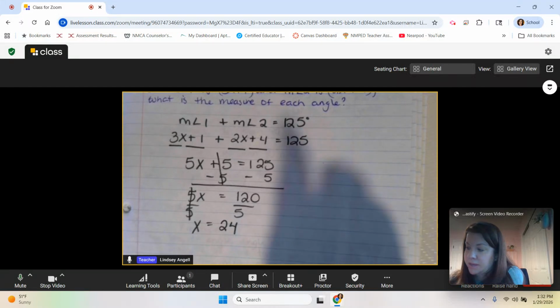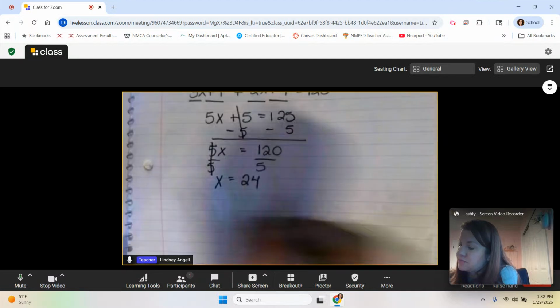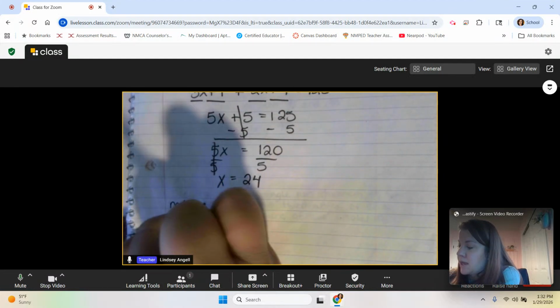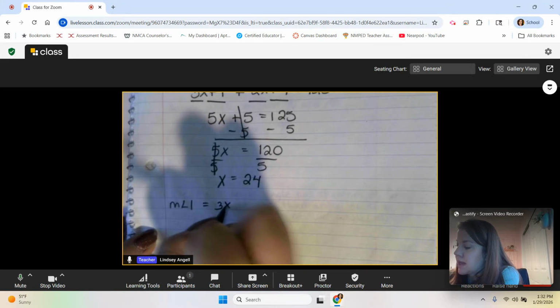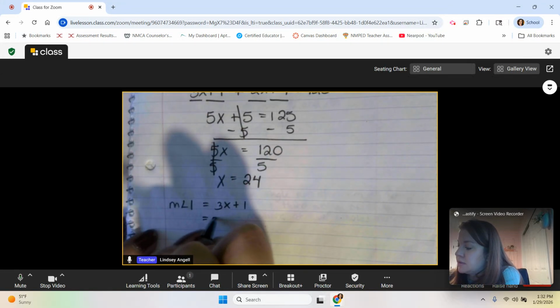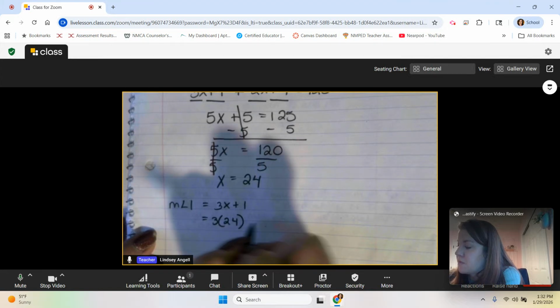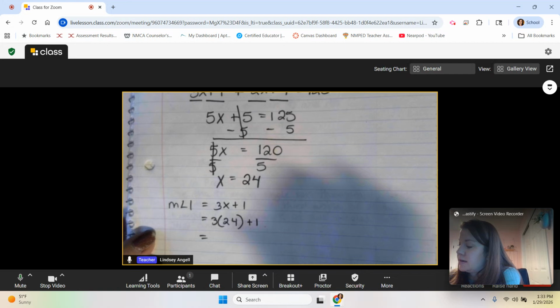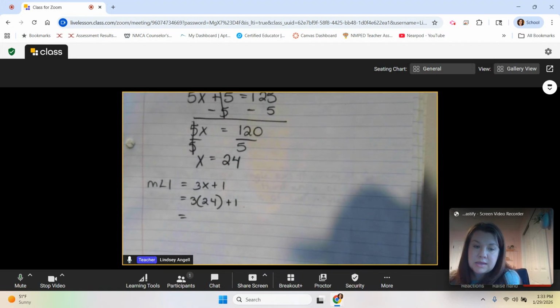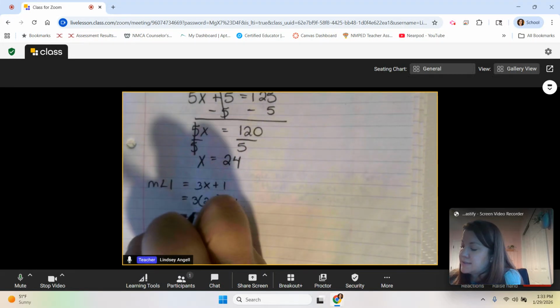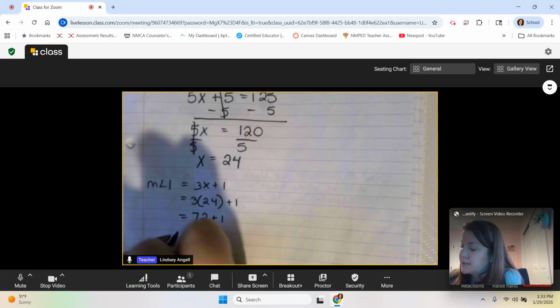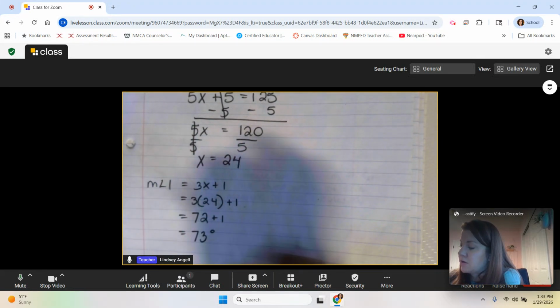Now we just need to plug it back in. So measure of angle 1 was equal to 3x plus 1. So we've got 3 times 24 plus 1. So let's see. 3 times 24 is 72. Plus 1 gives us 73 degrees.